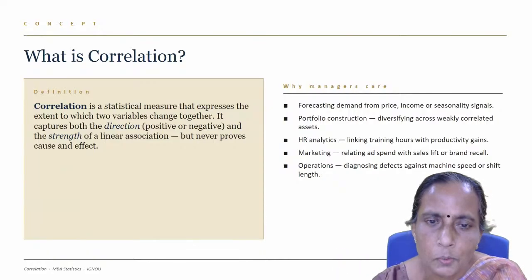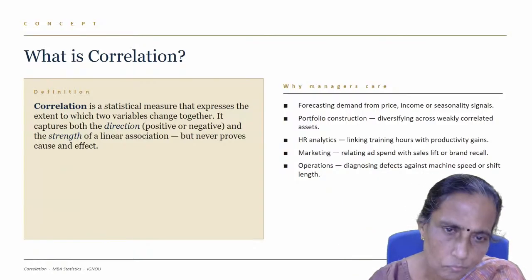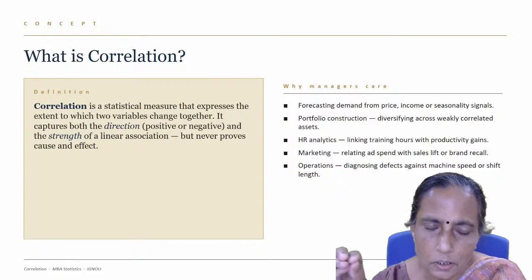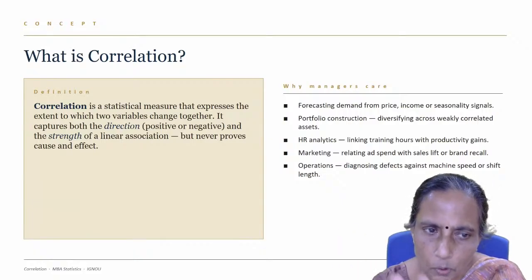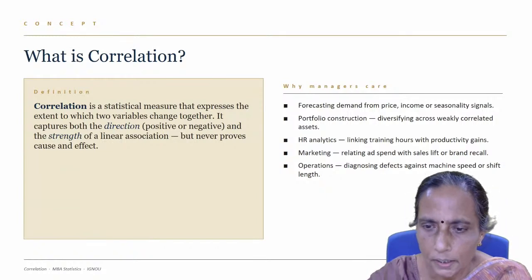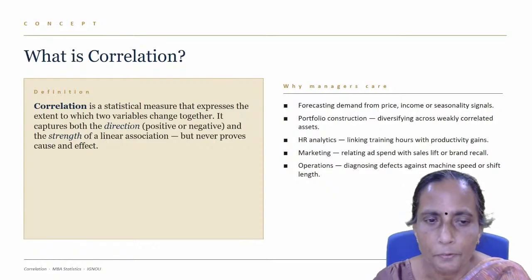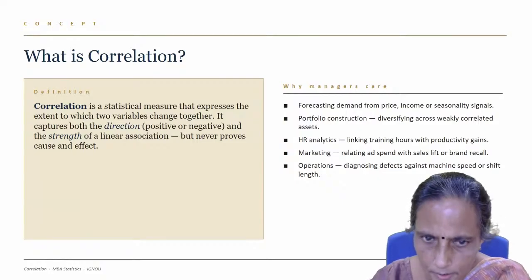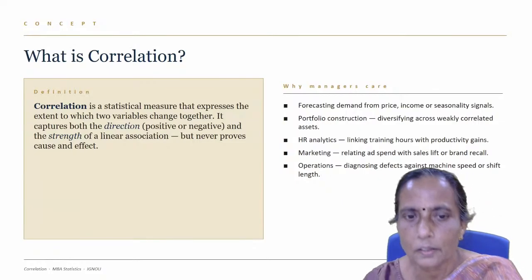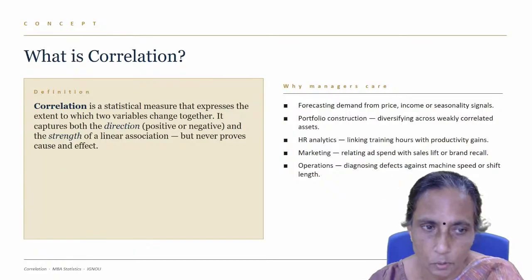Whether with the temperature change, the drug effect will change, that means it will be acting fast or acting slow. And it captures both direction. That means if one is increasing and the other is also increasing, both are positively directed. And if one is going forward and the other is going backward, then they are negatively related. So why do managers care about correlation?